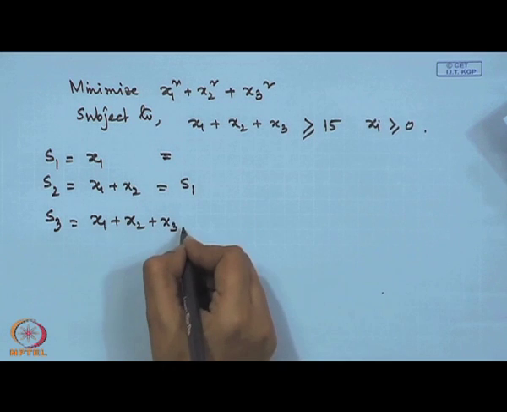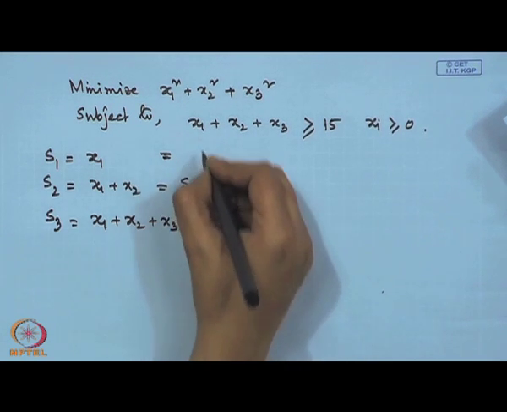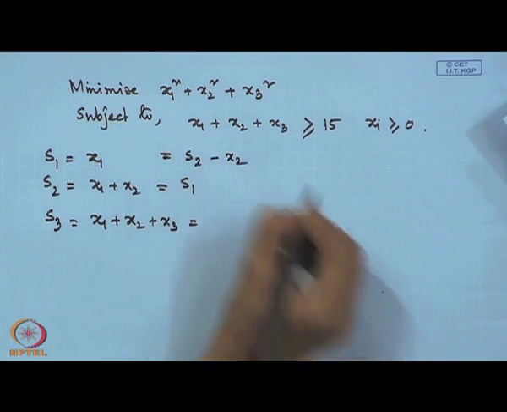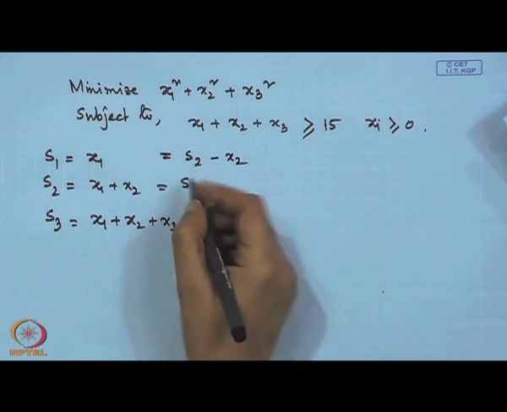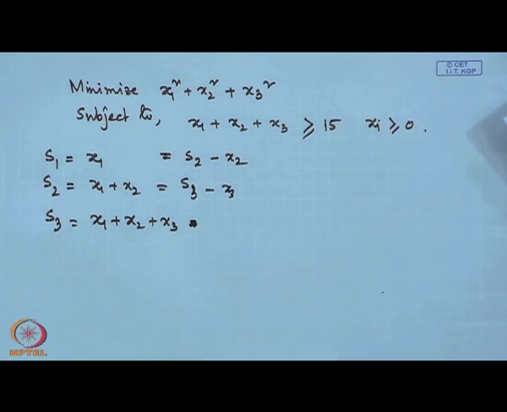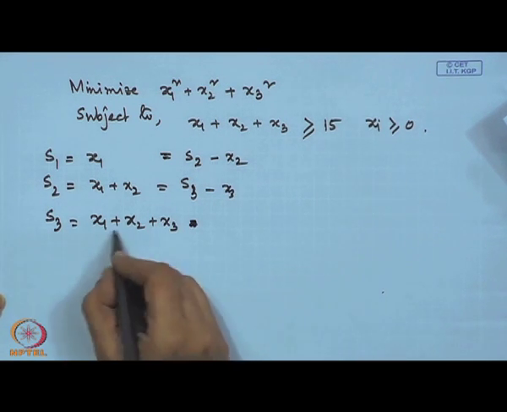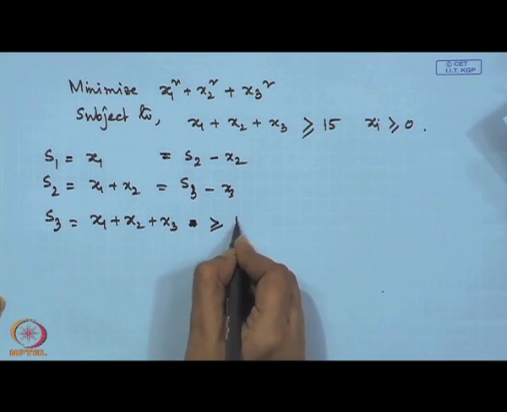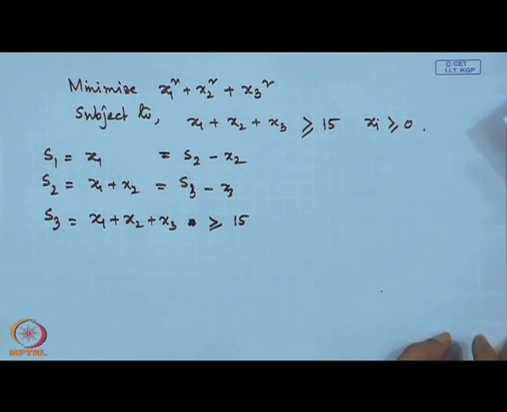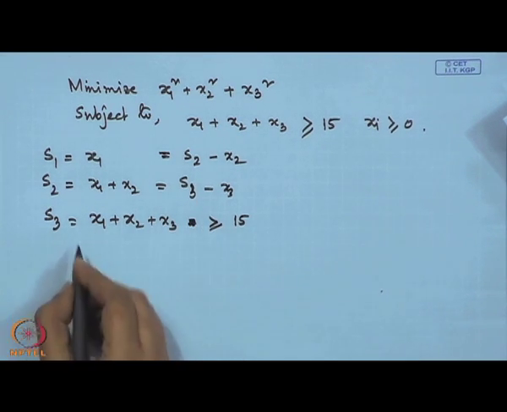We wanted to convert into one variable, that is why the values are coming here: S2 minus x2, am I right? Yeah. This is S3 minus x3, alright. Now, this is given from the constraint, this is greater than or equal to 15. Now, we have constructed the stages, the state variables as well as the state transformation equation.